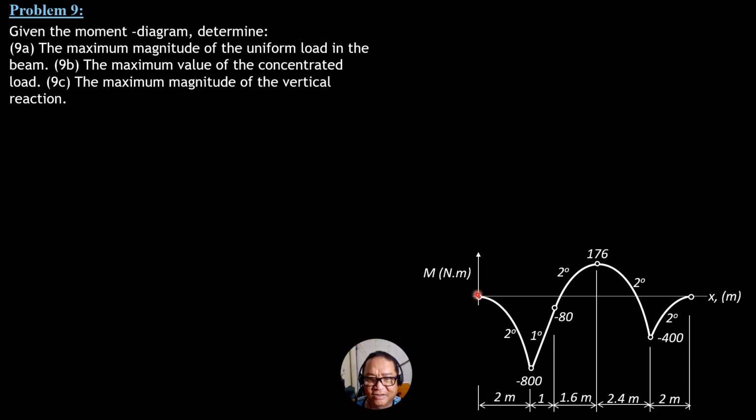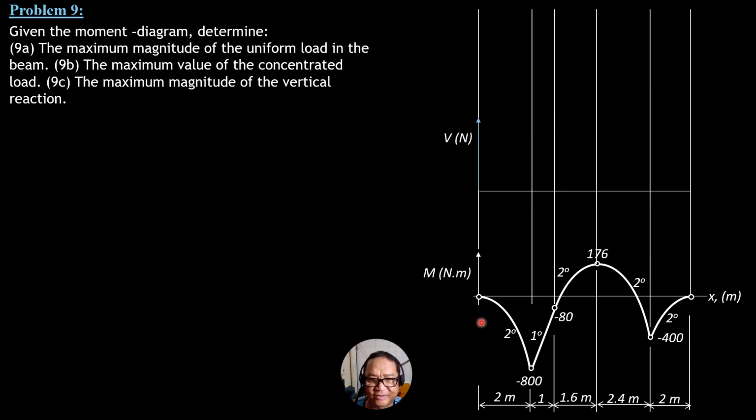Because that is negative, the shear diagram ordinate would start from 0 to negative also. Remember that the tangent here is the shear above, so it begins with 0. Then because it is negative first degree, it looks like that, and I'll call the shear here V1.